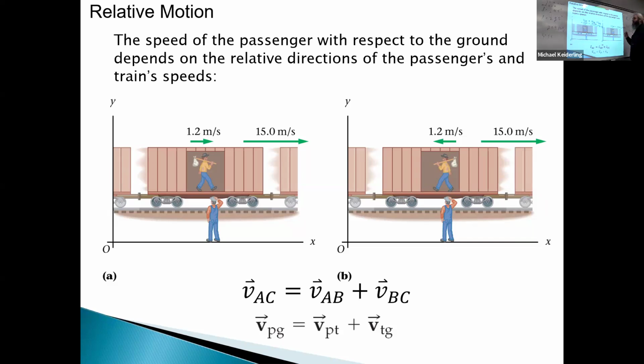So if the person is moving with the medium, like a plane with a tailwind, you're going to add the speeds. If it's a plane with a headwind, where it's flying into the wind, you'll subtract the speeds, because one will be negative and one will be positive.